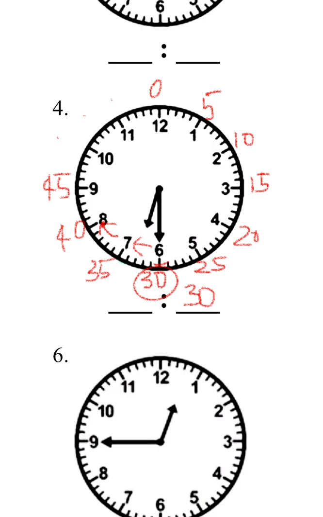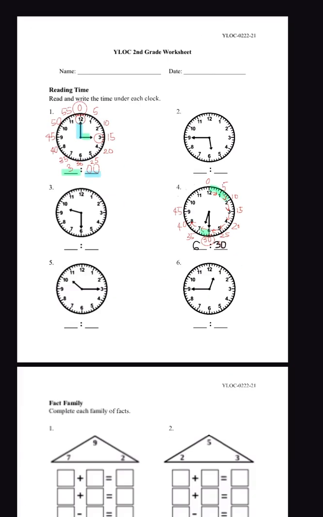So if it's over here, that would be 12. Here it would be 1. And then this would be 2, this would be 3, 4, 5, and then it goes on. So if it's pointing between 6 and 7, it means that it's 6. So the answer would be 6:30.